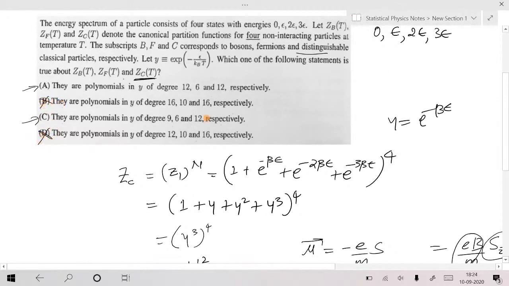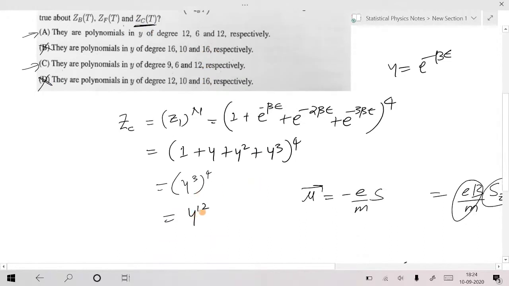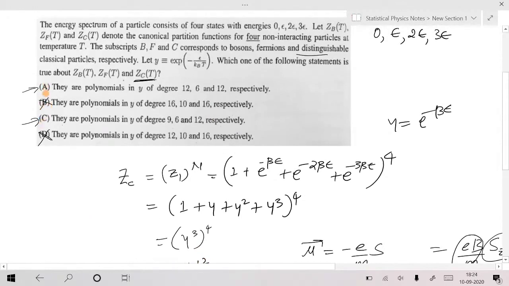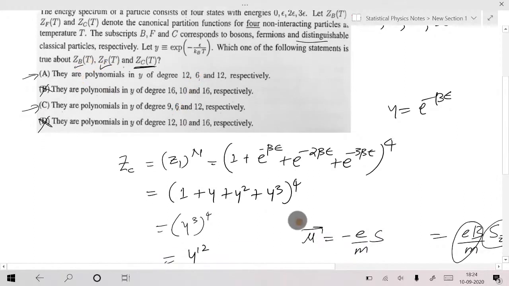These two options say ZC is a polynomial of order 16, but I got 12. Among these two, the fermionic system has the same power, so don't go for evaluating ZF, you should go for ZB.